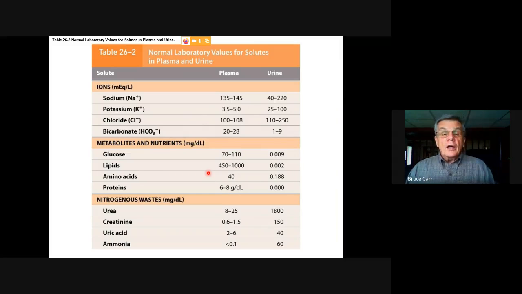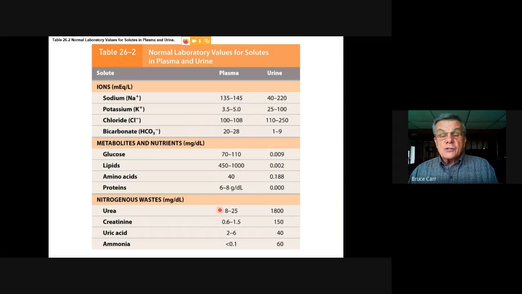Glucose 70 to 110 is just an indicator of the change in concentration related to the absorptive state, right when we've eaten and directly after we eat, and then the lower concentrations that occur between meals.